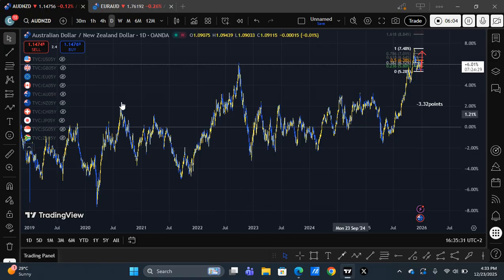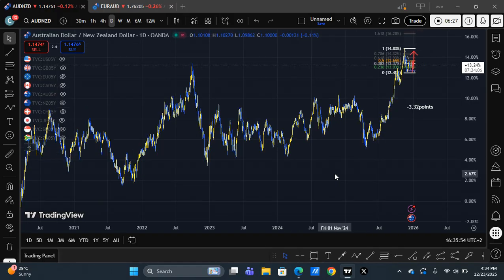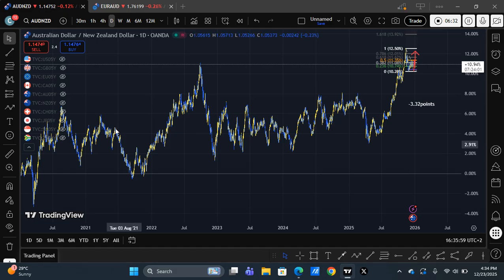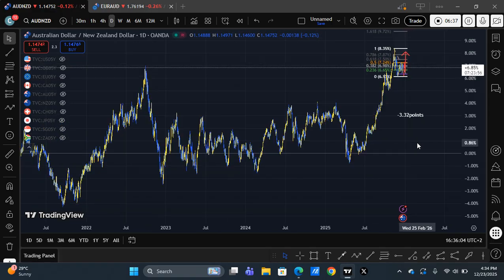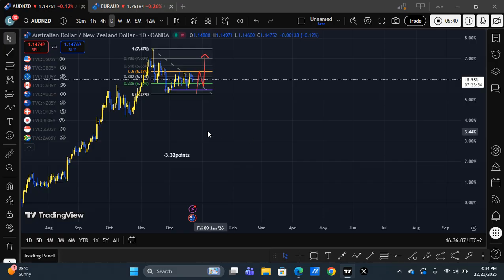The Australian dollar was outcompeting the New Zealand dollar over time, even though the New Zealand dollar went into recession ahead of the AUD. That tells you the Australian dollar was doing well. We can compare the Australian dollar with the pound, which also went into an interest rate cutting cycle much later compared to the euro. When you look into price action, you can see that this whole market is overbought.